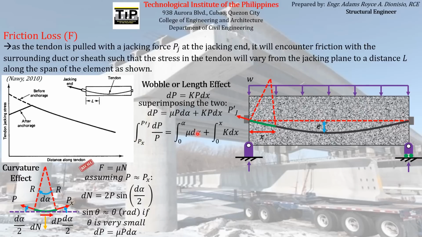And then, since this is in terms of alpha, the limits must be in terms of alpha as well, from zero angle to a certain angle alpha. And lastly, since this is in terms of dx, dependent on the length of the pre-stressing reinforcement, the limits must also be in terms of length, starting from zero length to this certain point here with a horizontal projection from the jacking end equal to x.